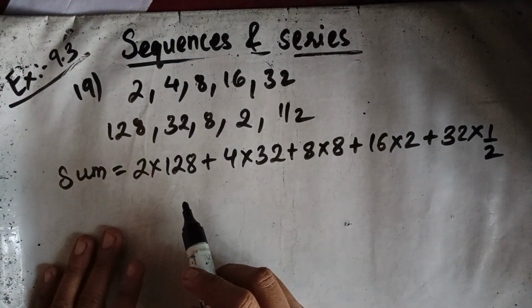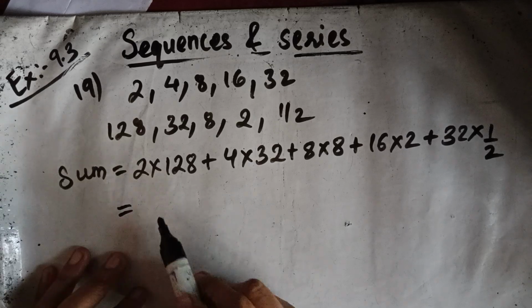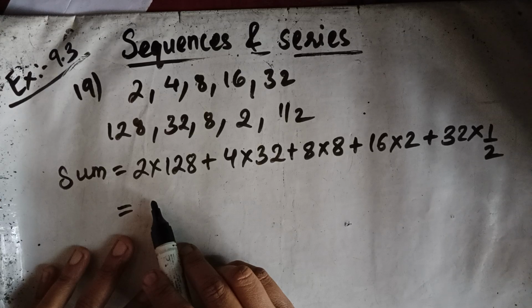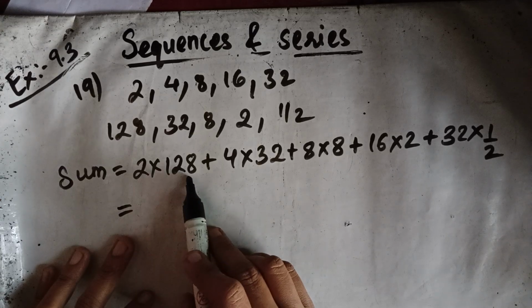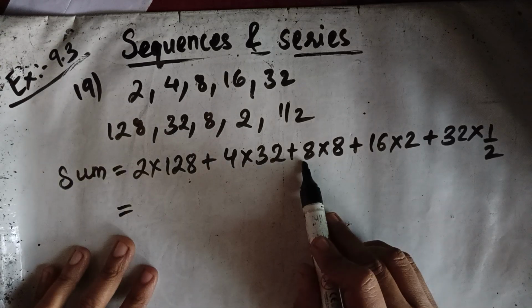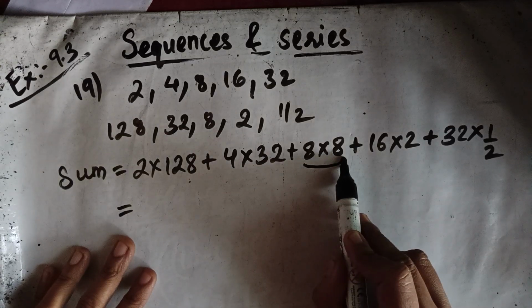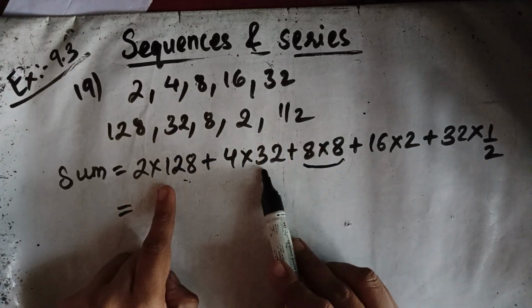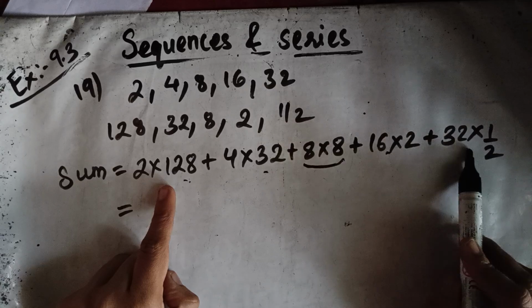Okay. So we have to take something common. This is the smallest, right? This is 64. So look for 64 here, here, here, and here.